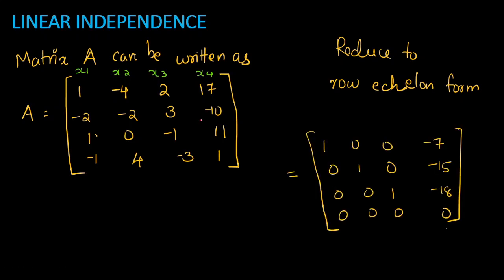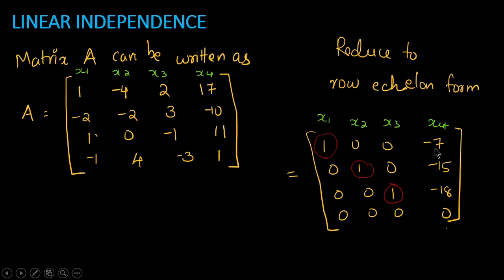So we can find pivot columns here: the first one, second one and third one, and the fourth one is not a pivot column. That means x1, x2, x3 are linearly independent, and x4 is depending on the other 3 vectors.